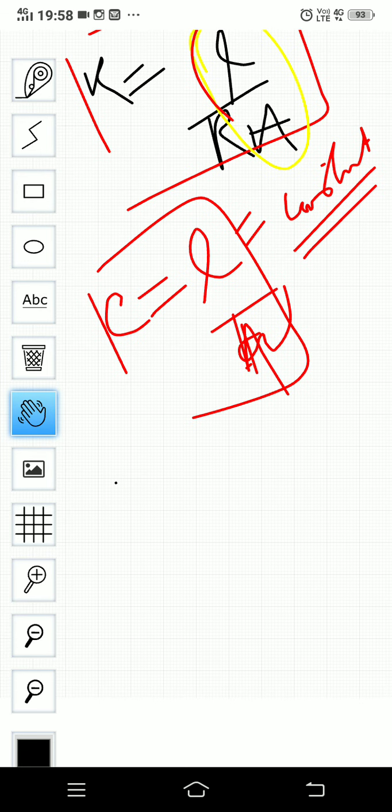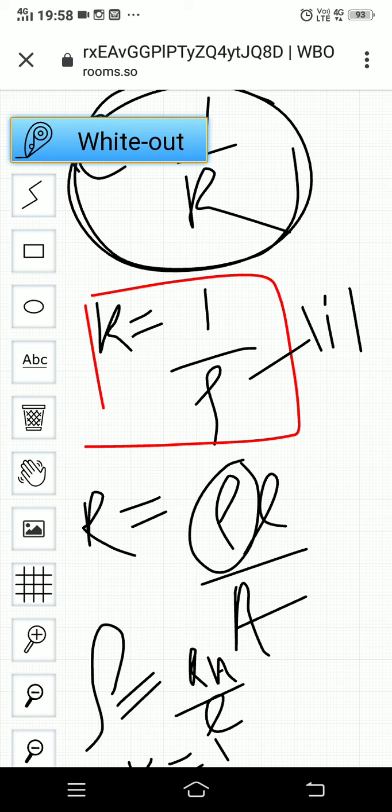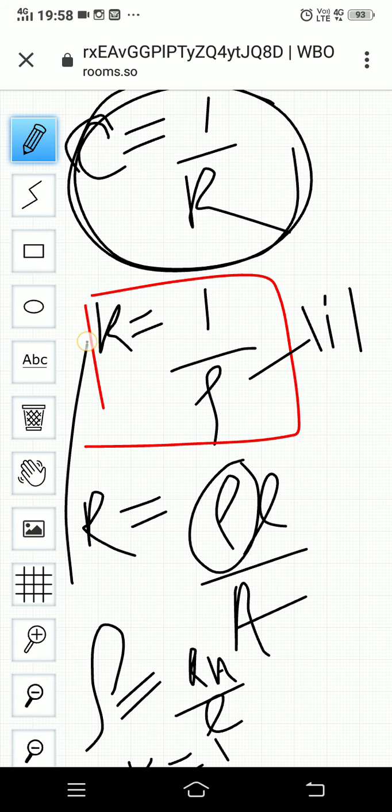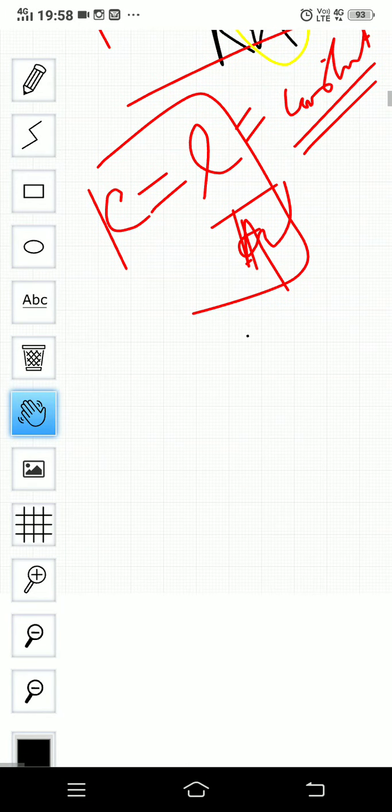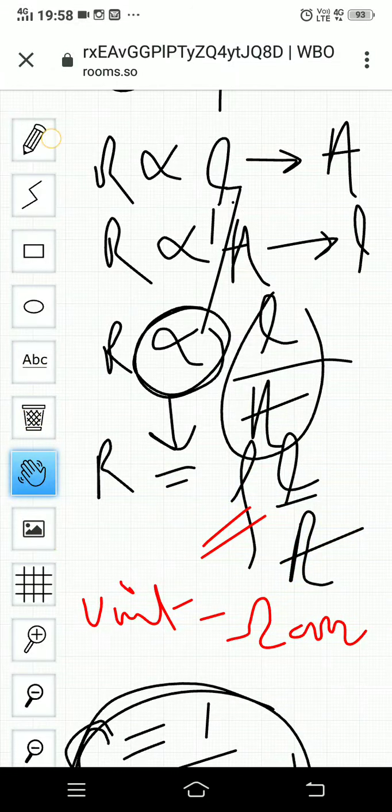So since we are putting the value of C, we can now write it as K, I'm so sorry. We can now write it as, what's happening? Okay, sorry for the inconvenience, students.